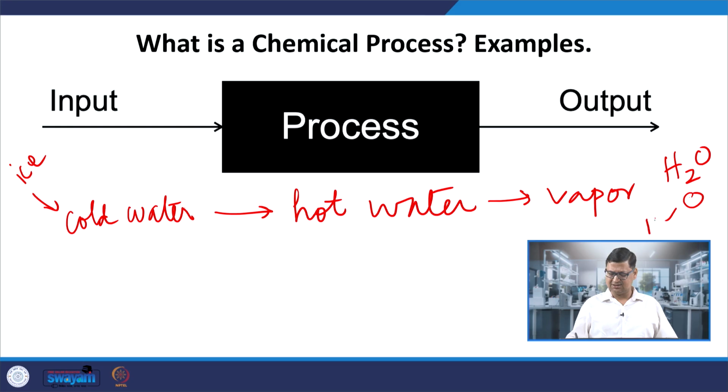And it still has the same chemical structure, and in fact, more or less the same O-H bond lengths, and the fact that there is a lone pair there, so there is an angle, that angle also does not change, right. So, there is no chemical change whatsoever if I am going from ice to cold water to hot water to vapor, but there is a physical change, and the property that is changing here is the temperature of the water as a liquid or as a vapor, right.